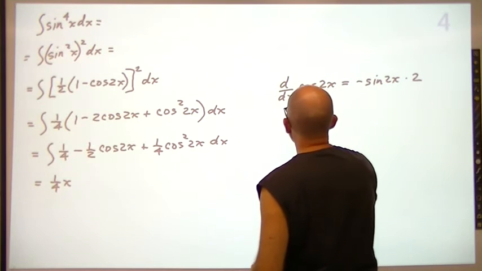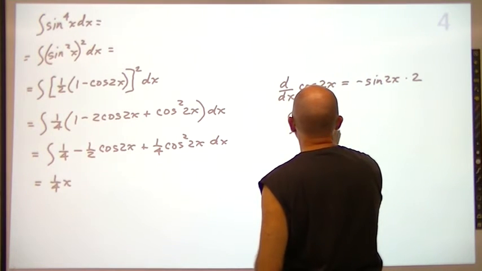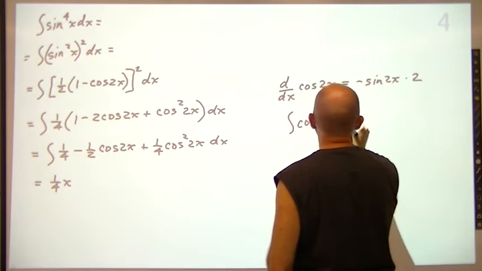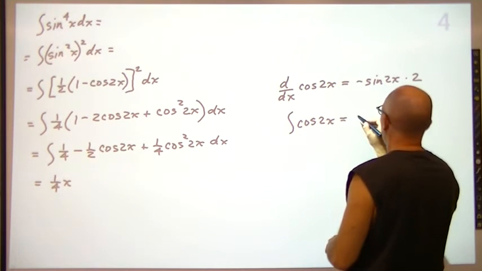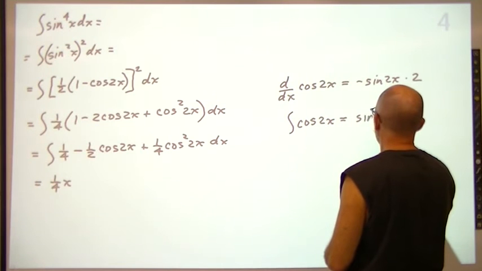So now the integral of cosine 2x is going to equal, the integral of cosine u would be sine u.